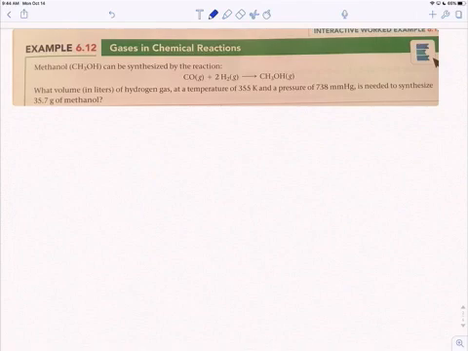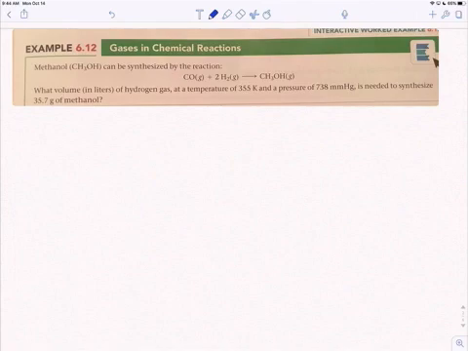Okay, so looking at this, we have an input. We're inputting hydrogen, and we want to know the amount of reactant needed to make 35.7 grams of methanol, the product.